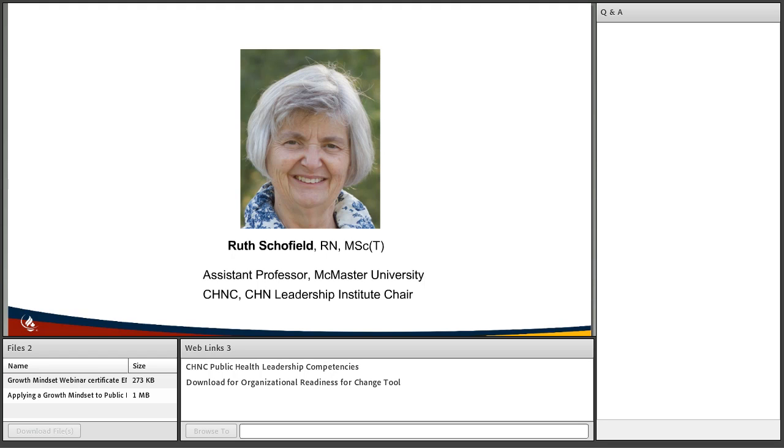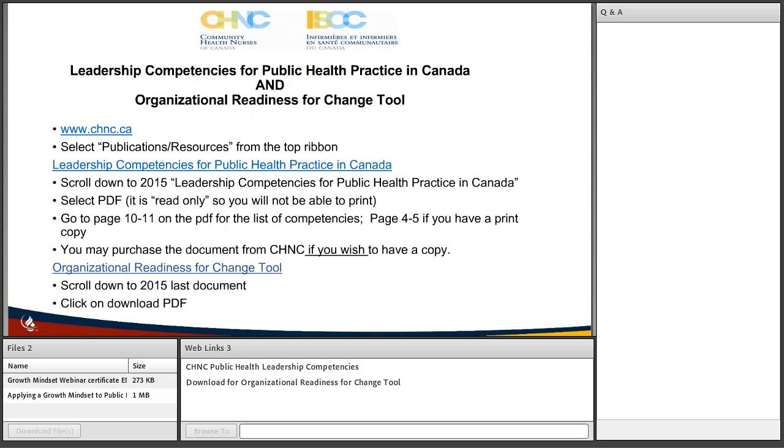And just to give you a sense of the resources that will be useful for you today, so you can access them. One of them is the leadership competencies for public health practice. As you will see in web link 3 at the bottom of your screen below the slide, this is where you can access the competencies under publications and resources.